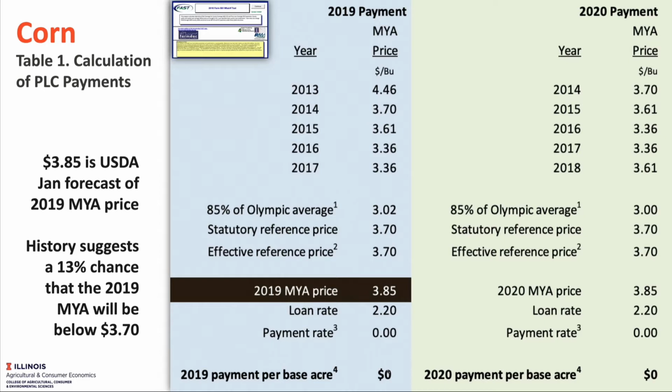That's what USDA is forecasting, but there is a chance that it could fall below 370. And so that's why you see a positive expected payment for PLC in our calculator. Yep, and we're saying right now, 13% chance for 2019. But a 385 price is obviously above the 370 effective price, so we would not get a payment if that, in fact, turns out to be the 2019 market year average price.